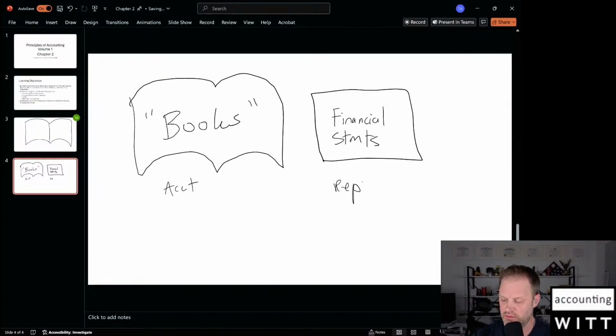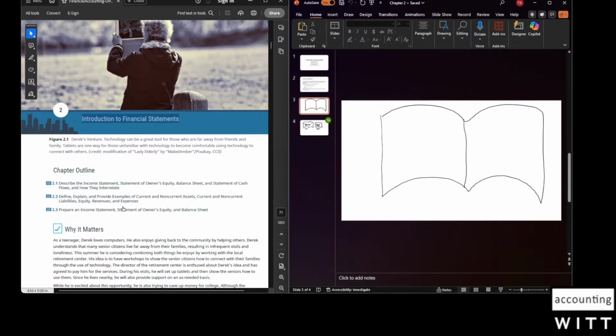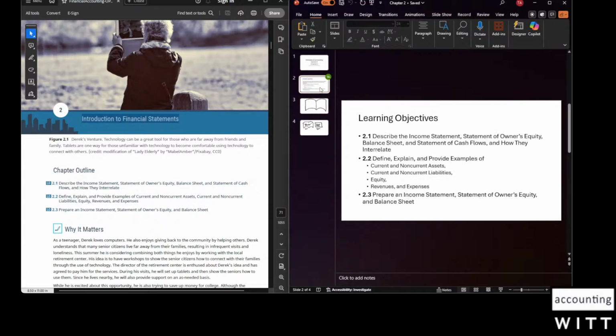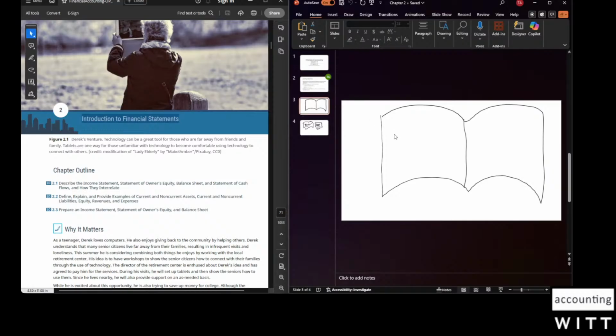So that's an open question, is how to communicate kind of that differentiation there. So coming back to here, we want to describe these financial statements in the context of what we've talked about thus far.